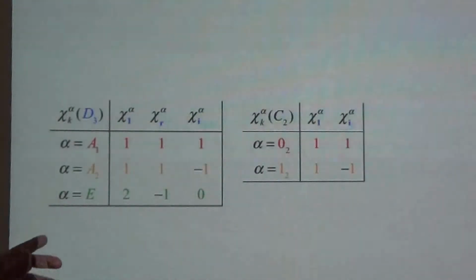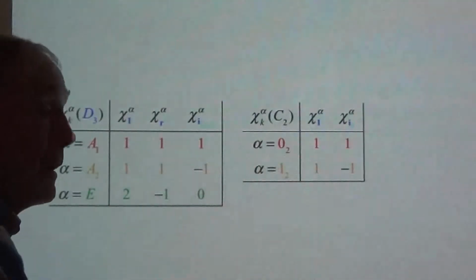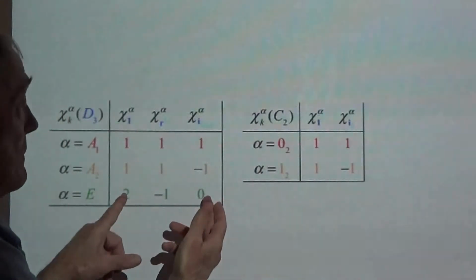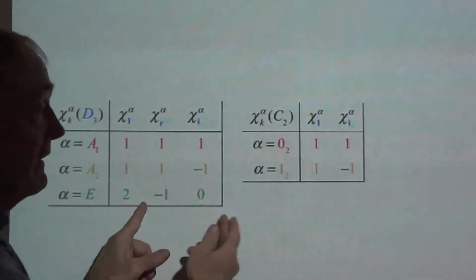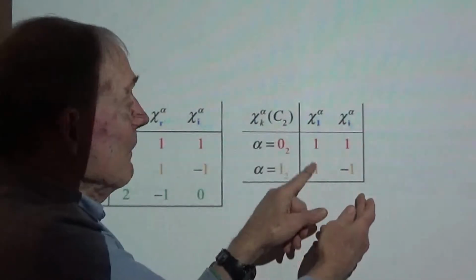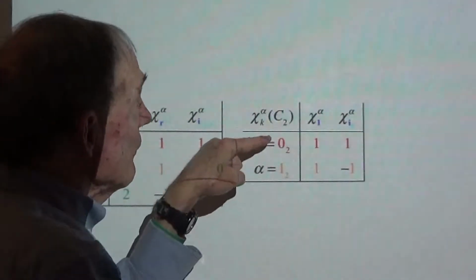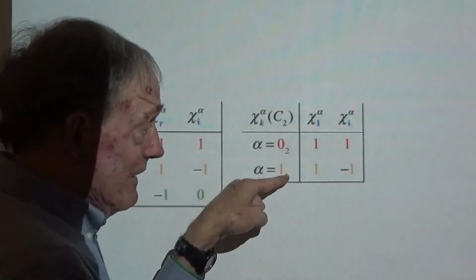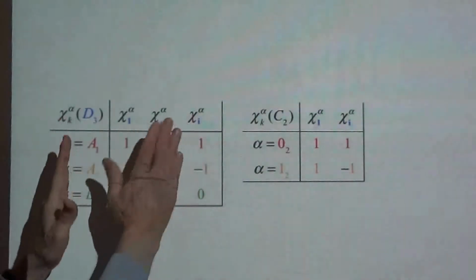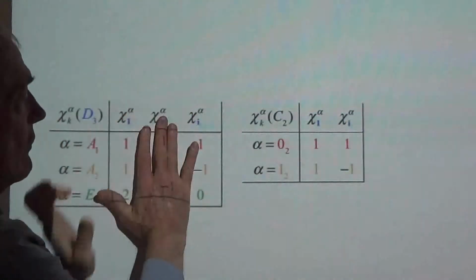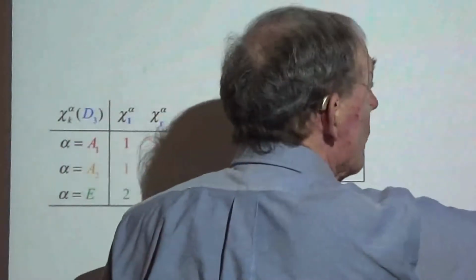Okay, the only one that presents a little bit of difficulty is how do I add these two up to make this thing here, 2 and 0. You add them. 1 plus 1 is 2, and 1 minus 1 is 0, so that means I have this one and this one inside of the E if I reduce my symmetry to just those two classes, in particular to one element of the second class, so that's why I have a 1 and a 1.